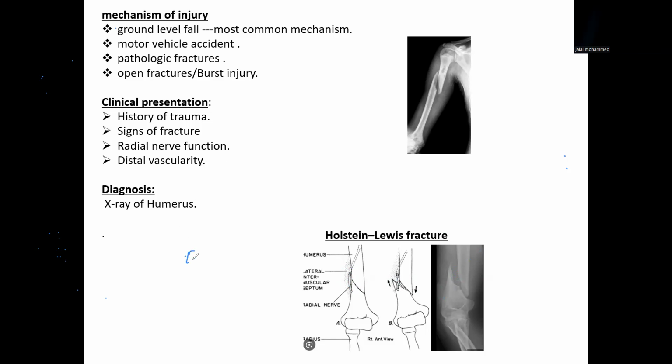It's a fracture of the distal third of the humerus, and the radial nerve is getting entangled. So it presents as radial nerve palsy. So this is Holstein-Lewis fracture.